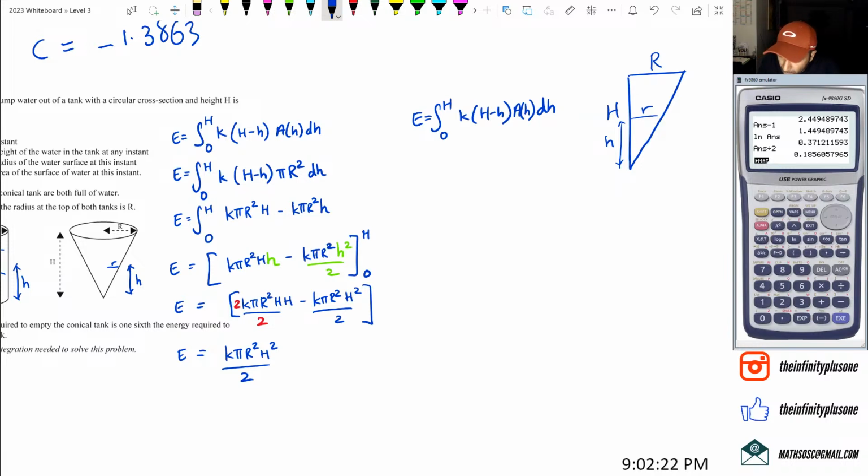So when we think about radius, we have to put the little r in there, and the way we're going to put it is little r divided by h is equal to capital R divided by capital H. So little r is equal to capital R times h over H. The thing that's changing again is just the h.